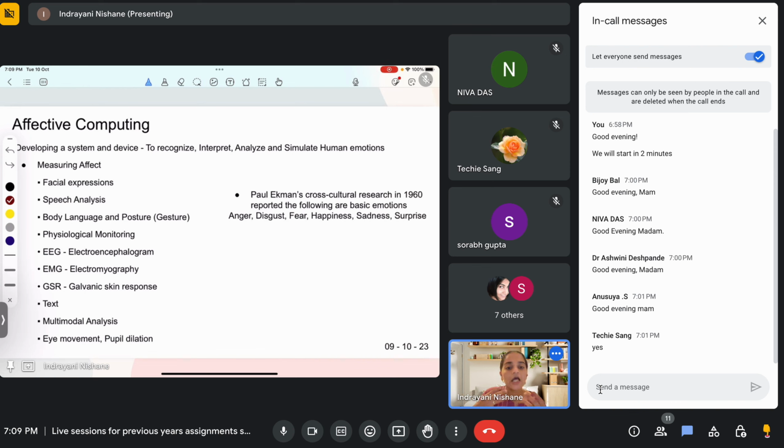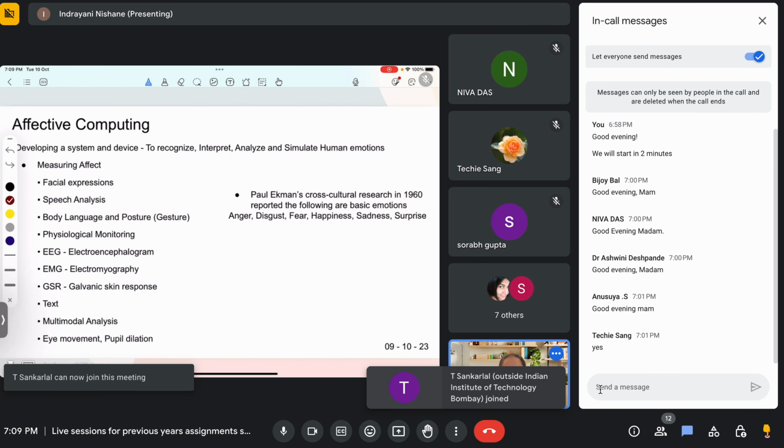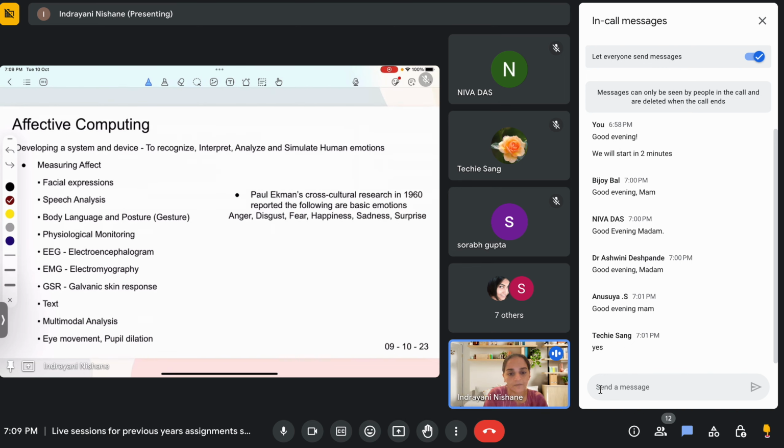So if they are frustrated, then to motivate them, a particular emotion could be emoted by that learning agent. Or if they are happy because they answered a question correctly, then this learning agent would reply very happily, okay, you did it, very good job, move ahead. So the whole of affective computing is not just limited to detecting or identifying emotions, it is interpreting those recognized features and mapping them to a particular emotion, like through facial expression.